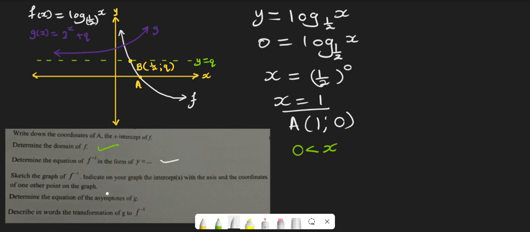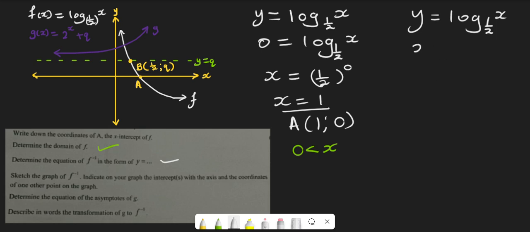Going to number 3, we need to determine the equation of the inverse of f in the form y equals. So to determine the inverse of f, we need to rewrite f of x as y equals log x base half. After rewriting that, we need to interchange x and y.